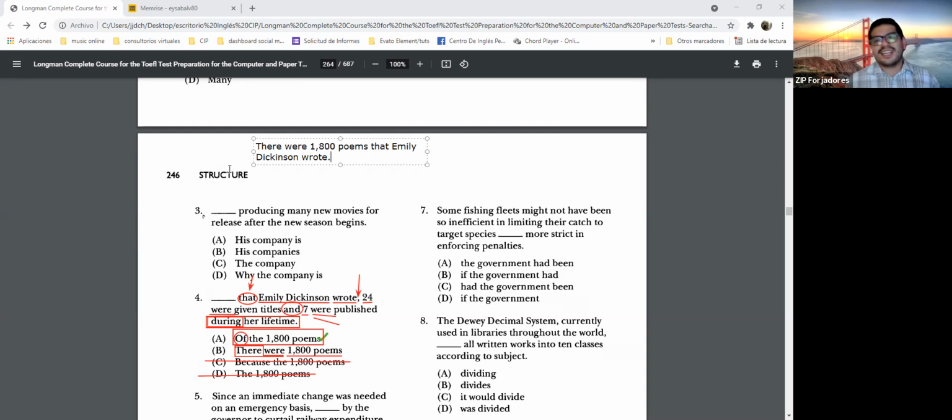But the thing is that we have the comma, so that means it's an appositive, or I have to have a connector at the beginning. I don't have a connector.